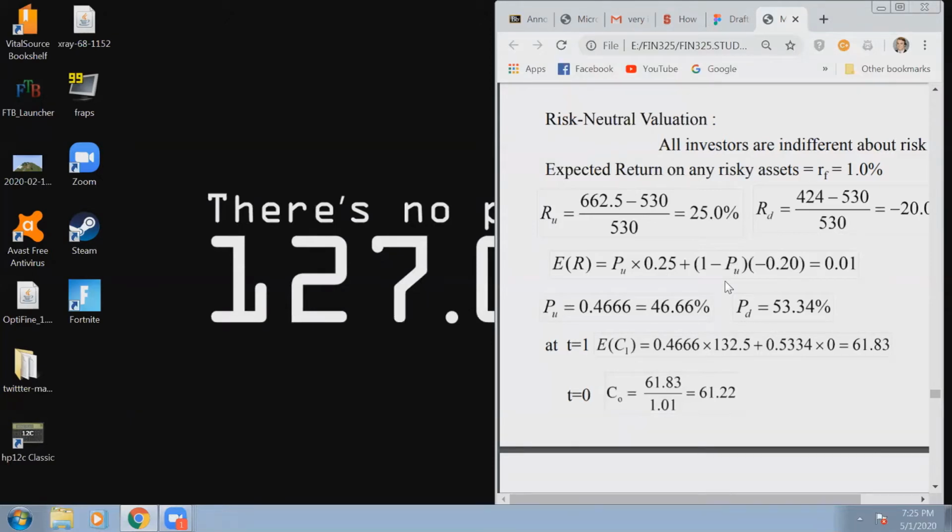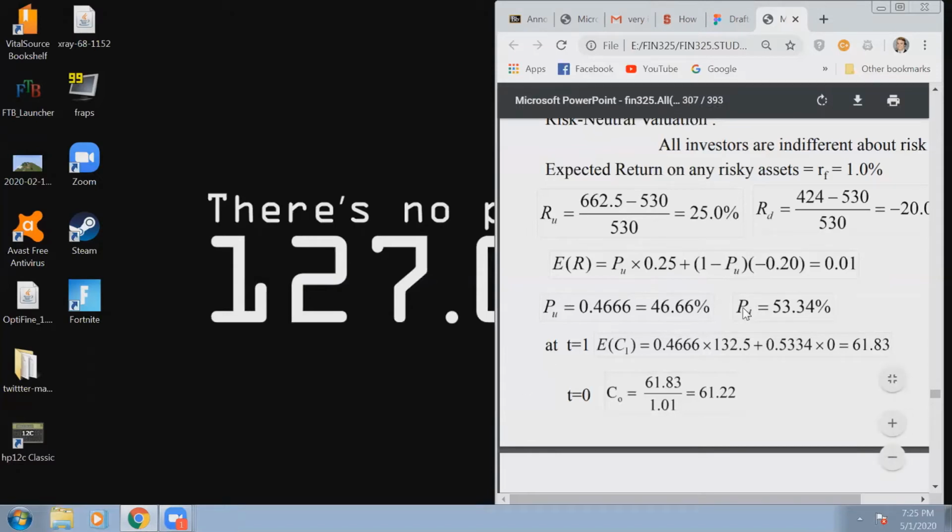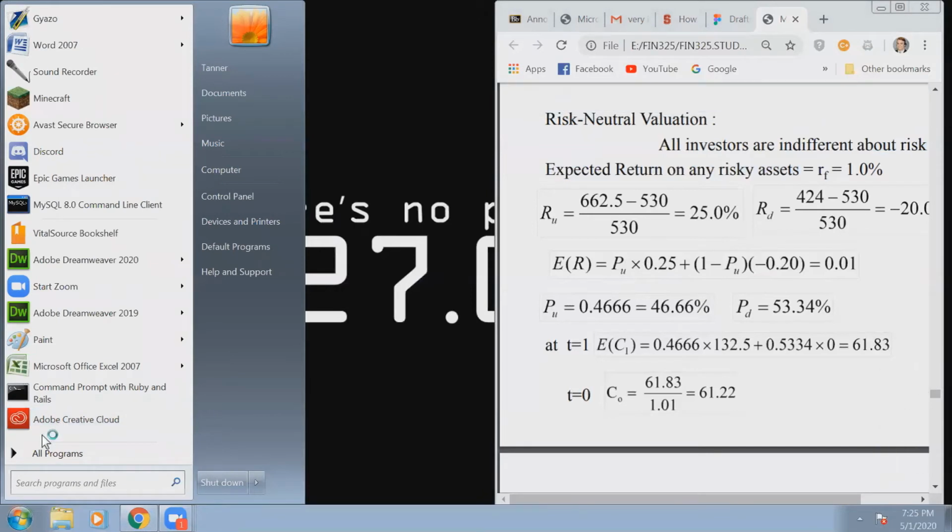It is the binomial model. So both of these fractions, PU and 1 minus PU, are going to add up to 1.0. With that information, we can set this algebraic formula equal to 0.01, which is our return on the risk-free rate calculated above here. So let's go ahead and set that equation up.